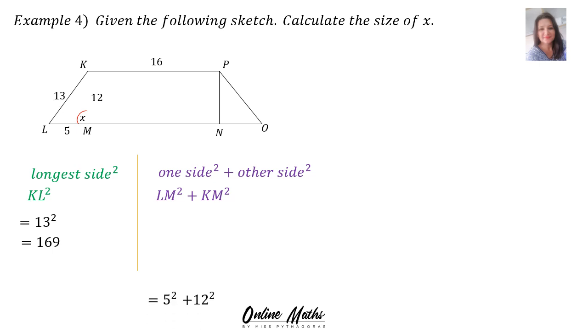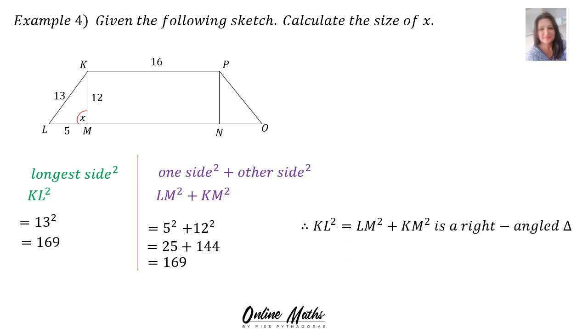LM is 5 squared plus KM is 12 squared. 5 squared means 5 times 5, which is 25, plus 12 squared is 12 times 12, which is 144. When you add the two, you end with 169.